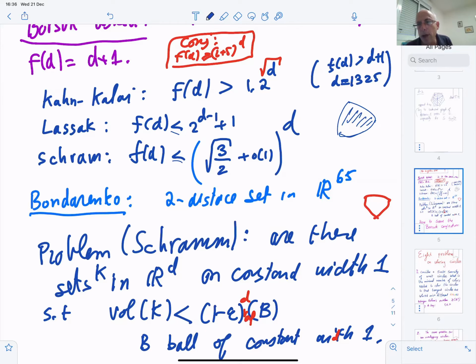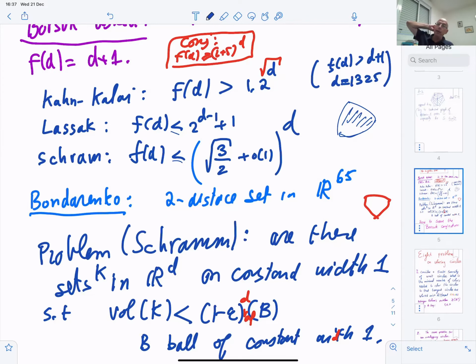So this was a stronger result about sets of constant width. I remember that Schramm gave a talk in our seminar, and Joram Lindenstrauss was interested in the result. And of course, at that time, the conjecture was d+1, so this number, (square root of 3 divided by square root of 2) to the power d, didn't look so overwhelming.